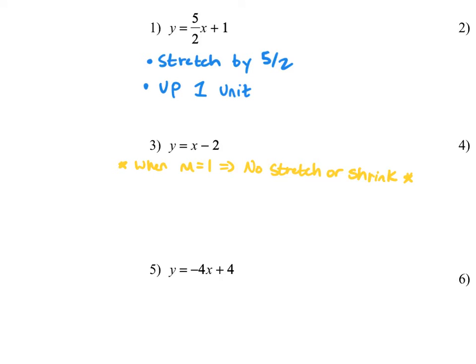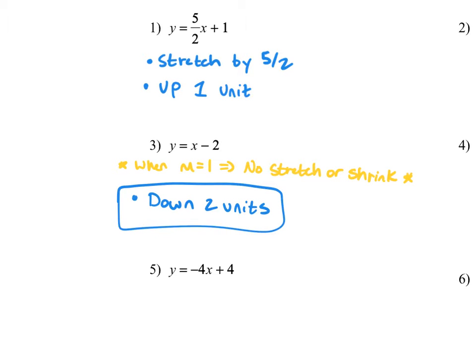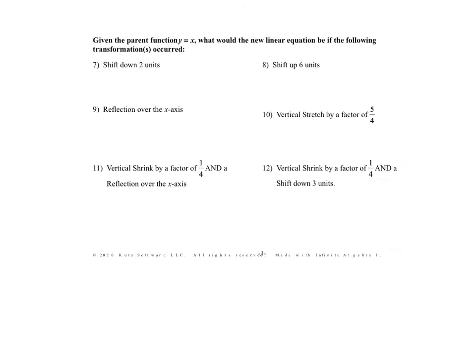We've got no stretch or shrink. What's the only thing left to look at? Shift. Well, our y-intercept is negative 2, so which direction will it go? Down 2 units. Okay, so that's what they're asking you to do on 1 through 6.